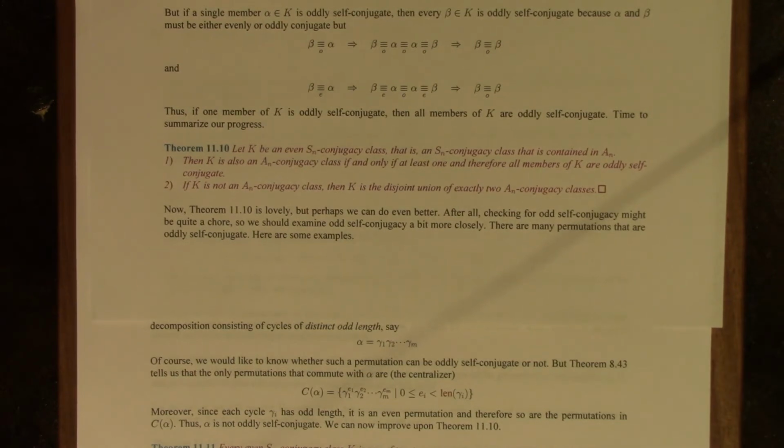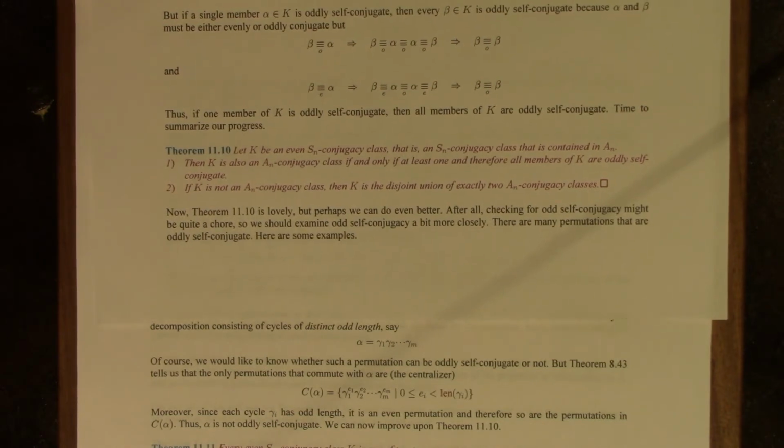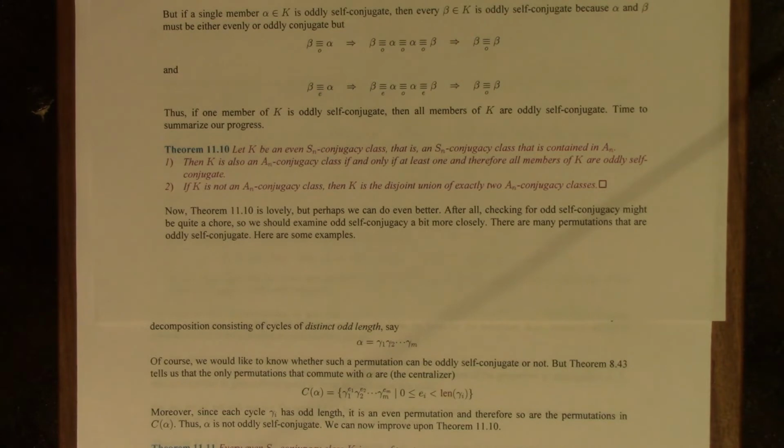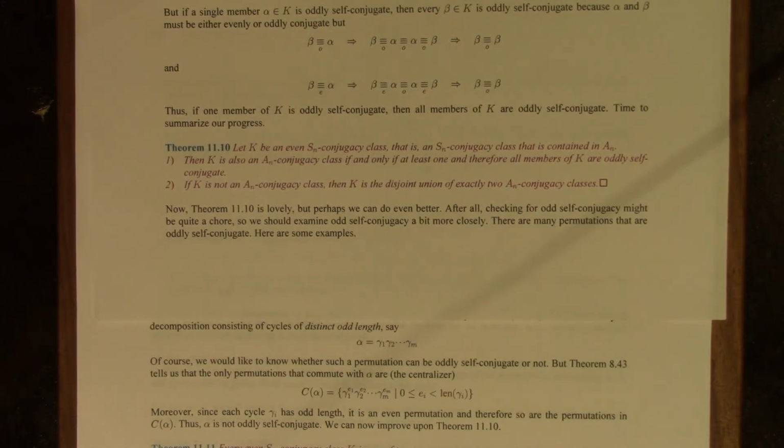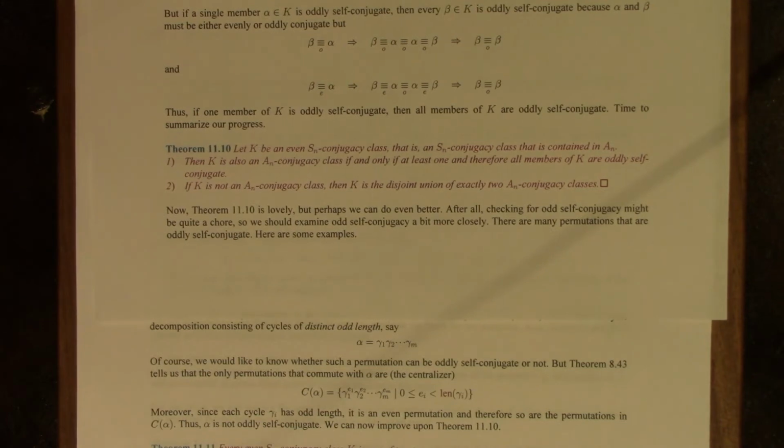But we can still do better. I mean, after all, we should be a little worried because checking for odd self-conjugacy might not be easy. For S_N conjugacy, we check cycle structure. That's easy. So let's keep digging.